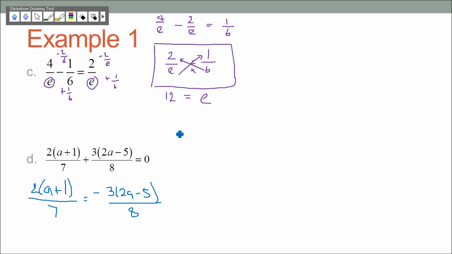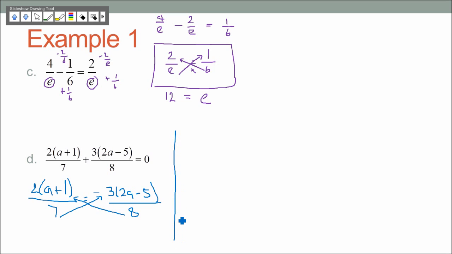Now we can cross multiply like we did in this step up here. So we're going to multiply the 8 by the numerator up here, and we're going to multiply the 7 by the numerator up here.